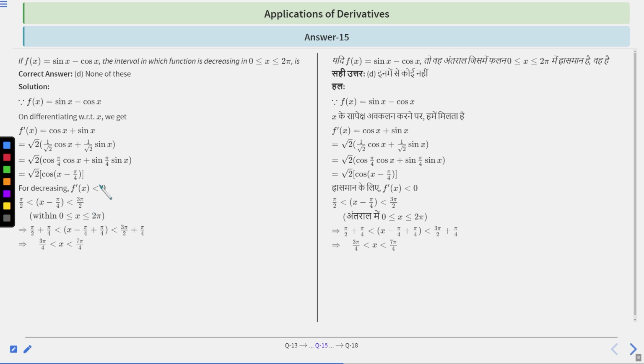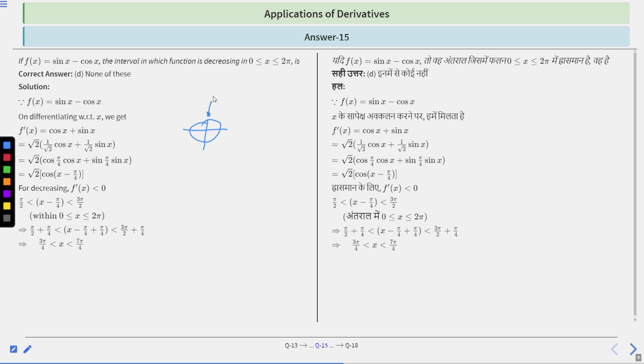Now for a decreasing function, f'(x) will be less than 0, clear? Therefore, we need cos(x minus pi by 4) less than 0. So in which interval is cos x negative?